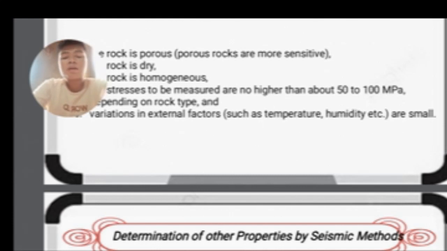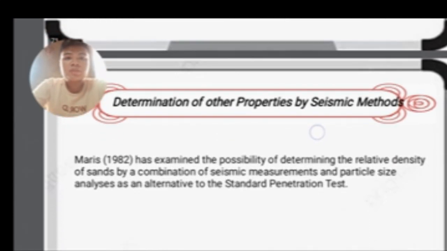So the studies of Neil in 1968 showed that acoustic emission is used to test or monitor stability in mining areas. So let's proceed to determination of other properties by seismic methods.